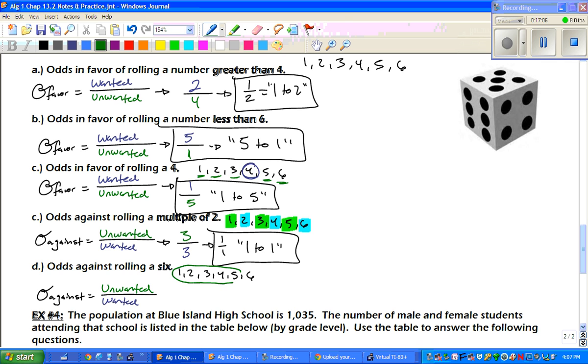So everything against that, our unwanted, would be 5. And the wanted would be the 1. Okay? So 5 over 1, which is 5 to 1. And that's it.